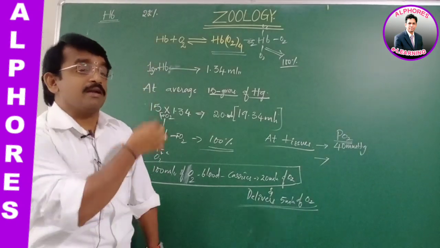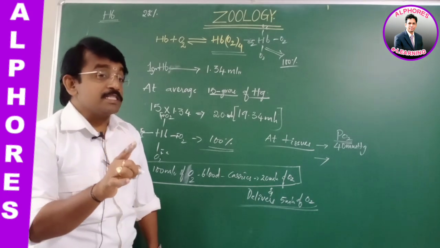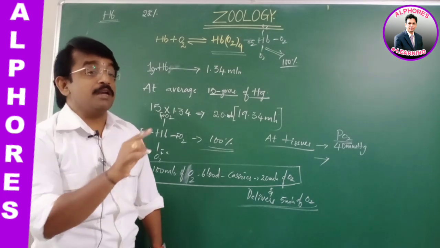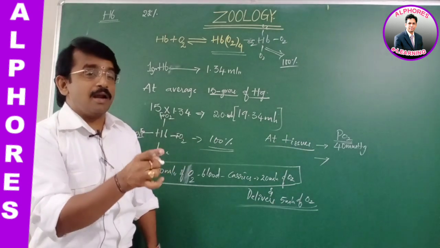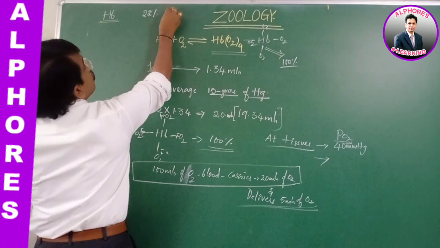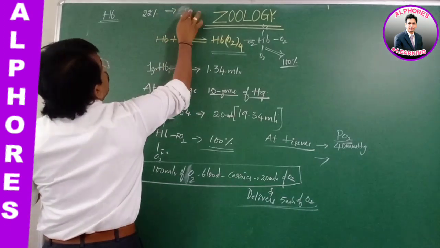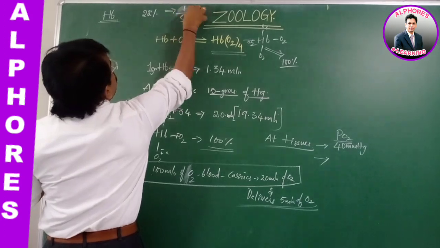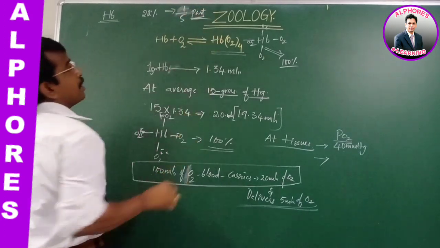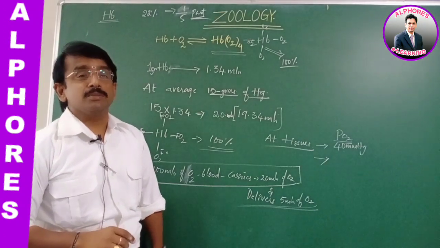Totally from blood it will be 25 by 97 through the RBC, 3% with the plasma, 100. So collectively 22%, which can be said to be the 1 by 5th part of the oxygen is delivered to the tissues.